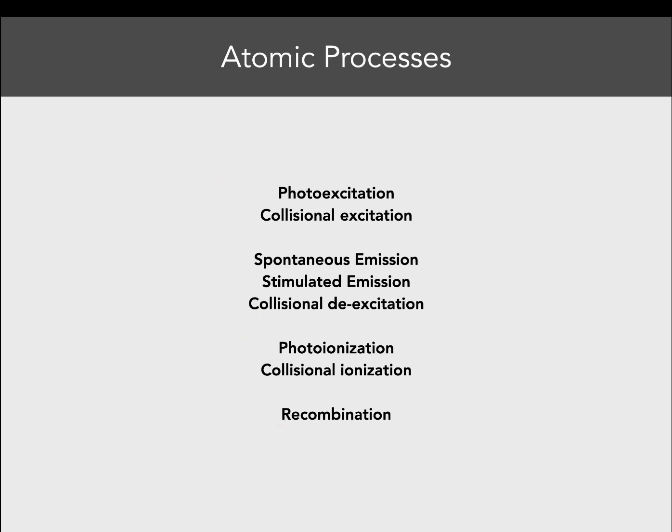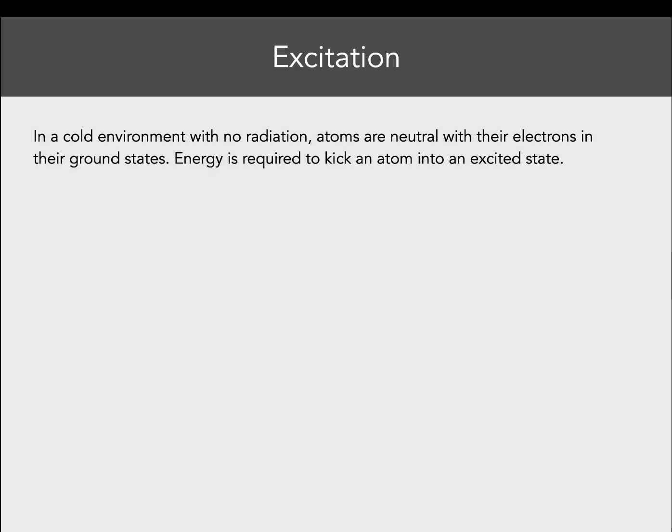The second group has to do with ionization of atoms. So we're going to go through all these fairly quickly and look at all the possible things that can happen to atoms. In a cold environment with no radiation, no other atoms around, if you just had a single isolated atom, it wants to settle down into the lowest energy state possible.